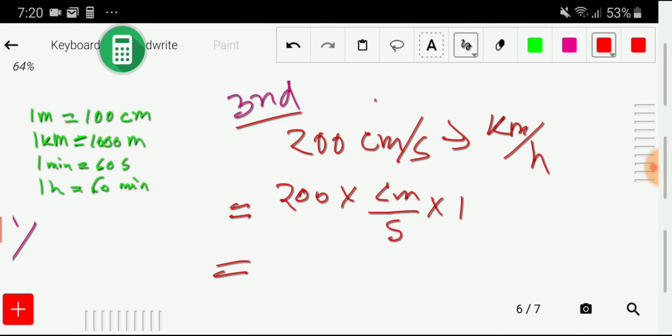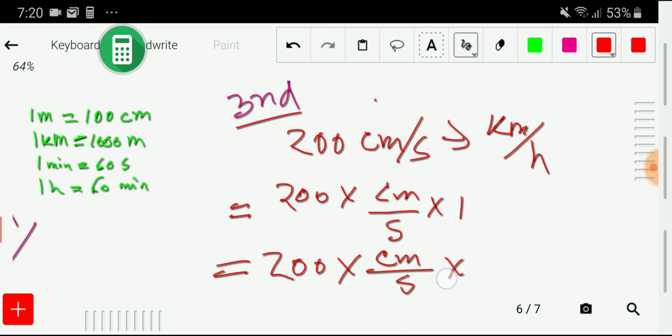So what will I do? I'll write 200 centimeter, right? And I can write here any number of 1, and this will not change our value, right? I can write any number of 1 here.